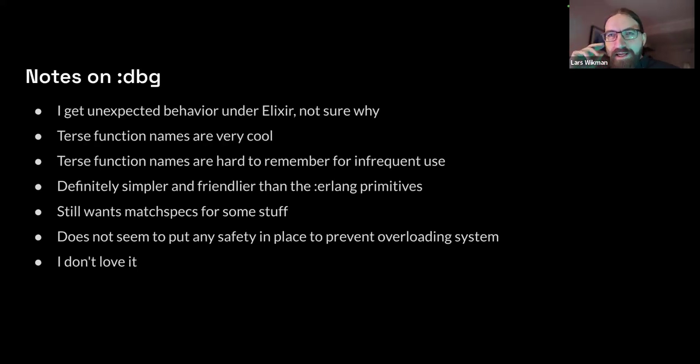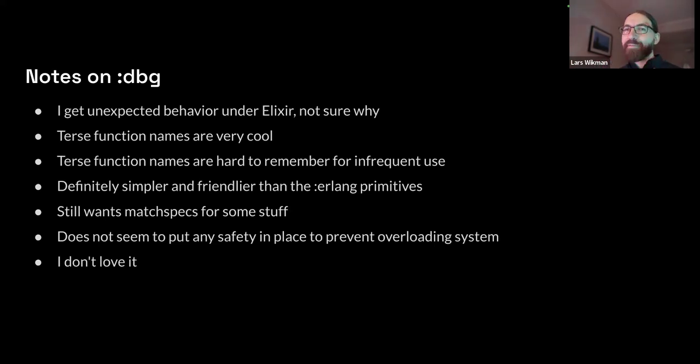so DBG tries to be something quite different from the normal trace facilities. It has these very terse function names, and I think it's very much intended to be a debugger. If you use debuggers, they very often have very, very terse commands like P, D, T once you get into them. And for me, I rarely use tracing.